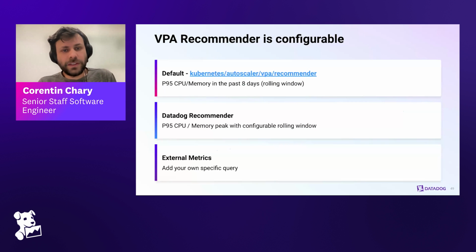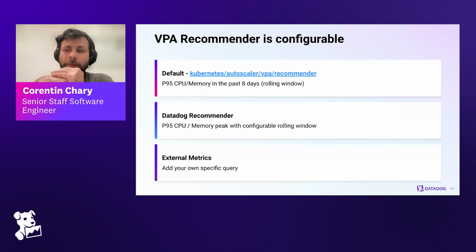You can configure the VPA recommender. The default one, which is provided upstream, will simply use for all the applications the P95 of CPU and memory over the past 8 days.